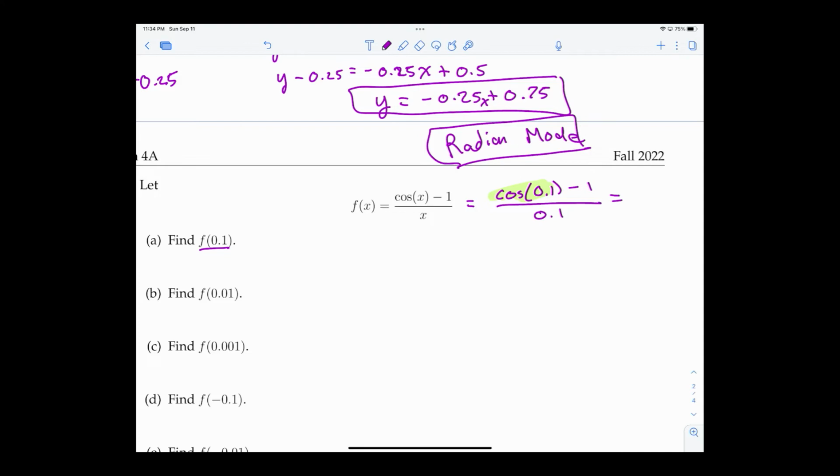Setup. My calculator, you can't see it. Stuck. Okay. Radian mode. Yep. Okay, good.